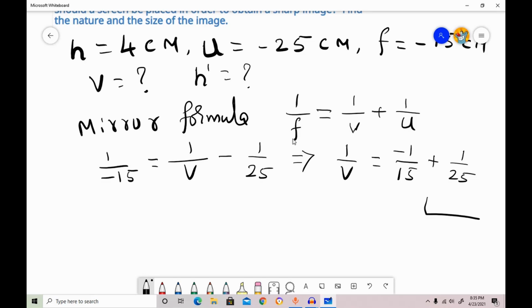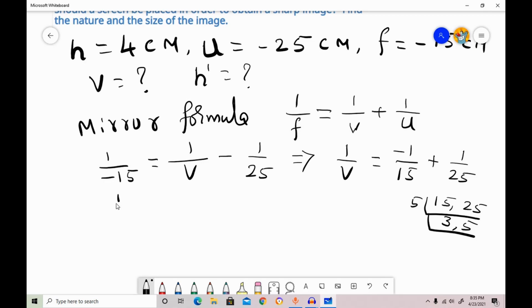So find the LCM of 15 and 25. 5 times 3 is 15, 5 times 5 is 25. So 5 into 3 is 15, 15 into 5 is 75.